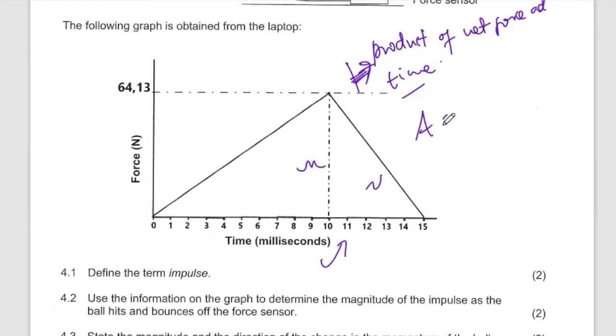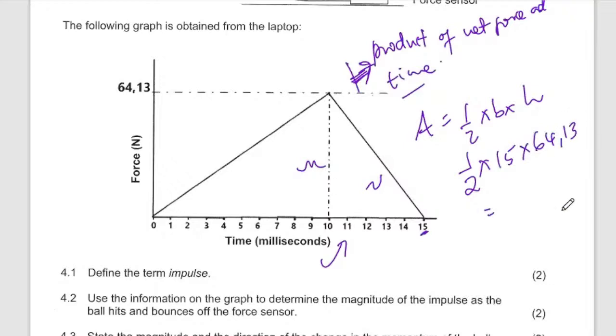Area of the triangle is a half times the base times the height. So that's a half. Our base is 15, from 0 up to 15. And then our height is going to be 64,130. So a half times 15 times 64,130 is giving me 480,98.